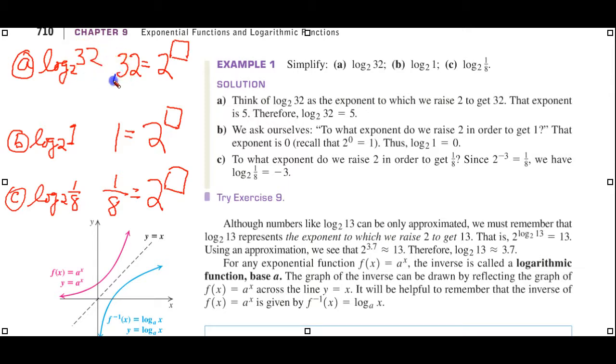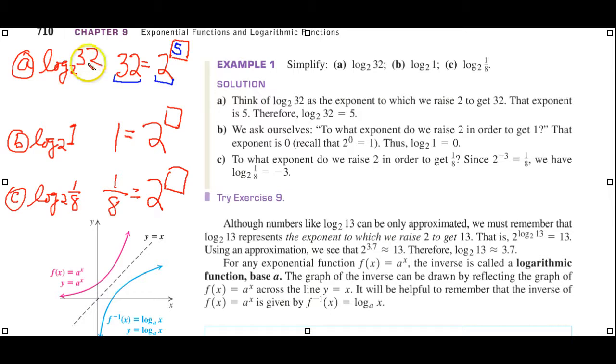So 32 is what you are looking for, and your base is 2. Now, what will be the log, or the exponent that will raise 2 to 32? In a sense, 2 to what power is 32? Well, you may or may not know that, but it's to the 5th power. So our answer to letter A is 5.